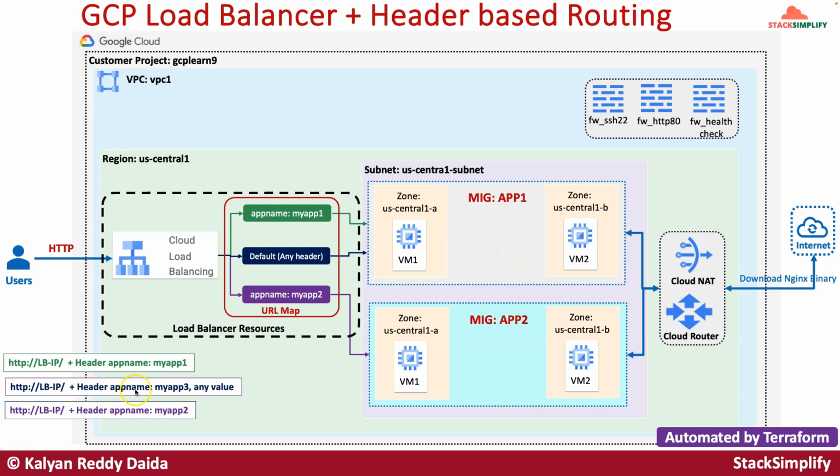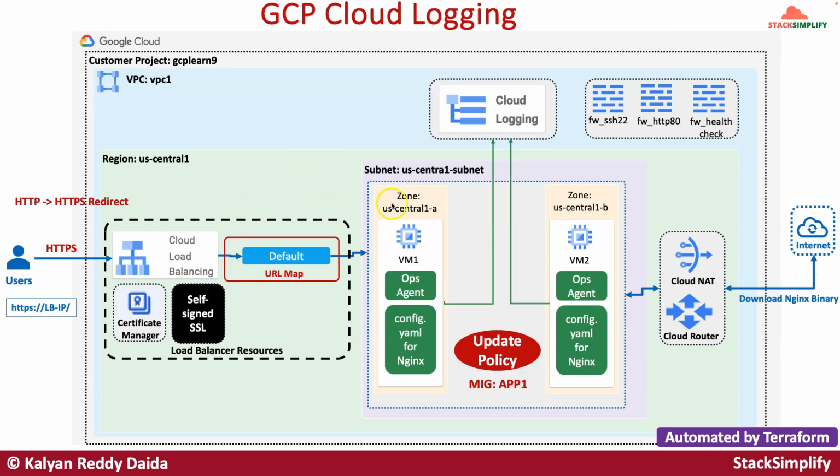When you give the header app name equal to my app2, the request should go to the app2 managed instance group. If it is my app3 or any other value, it should go to a default managed instance group, whatever is configured. Like that, custom header based routing can also be implemented in the URL map, and we implement it using Terraform.